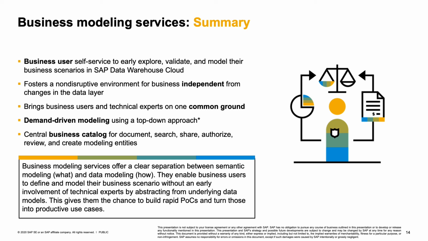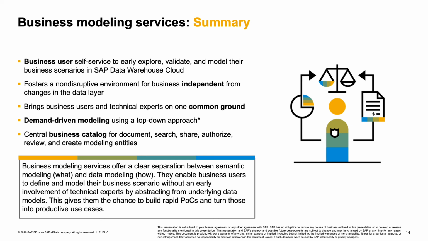And the business layer is the common ground, the specification towards the data layer, towards the IT department, so that they can do their job and provide the data towards the requirement. With that, we have also introduced demand-driven modeling, where we let the business user create their models top down, and then later let IT provide their data provisioning towards it.